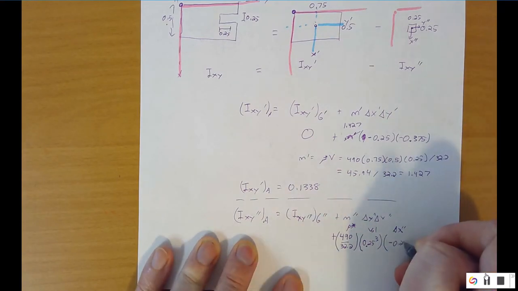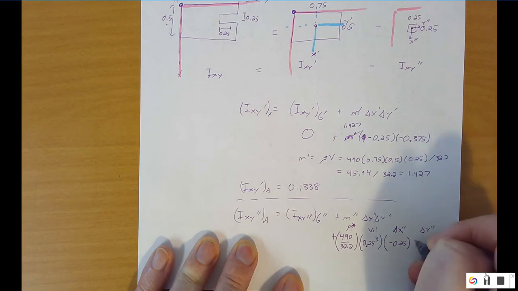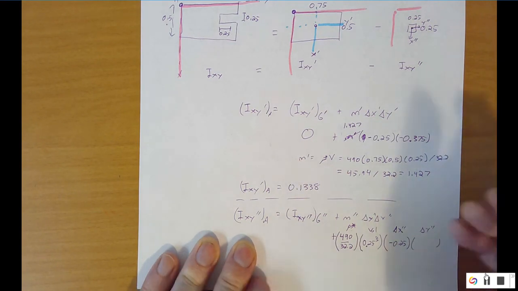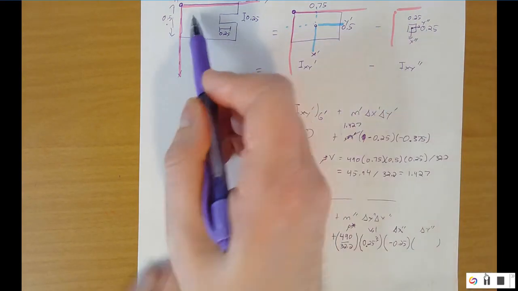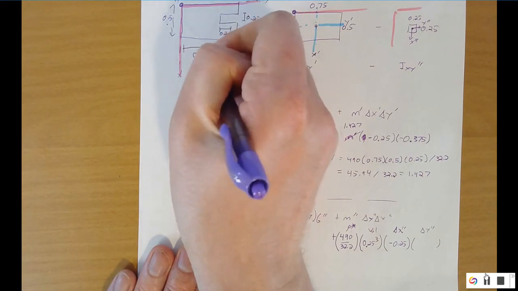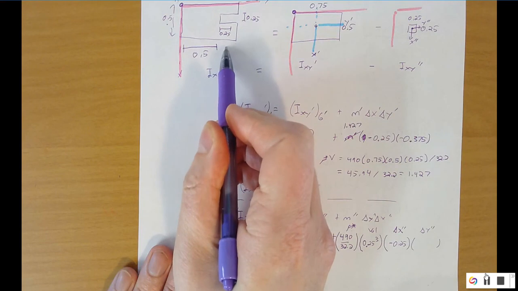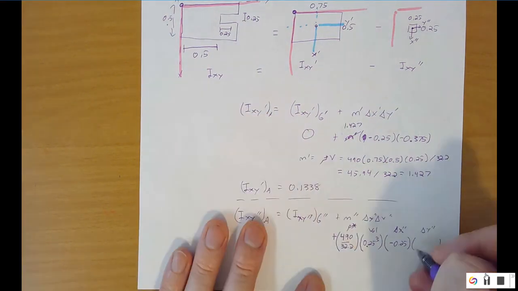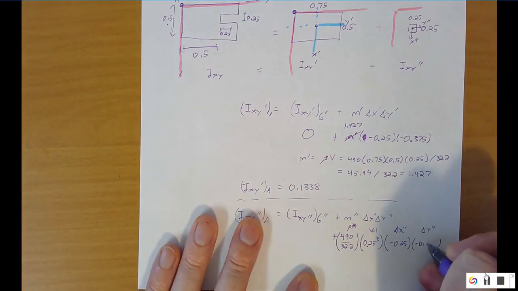And then our delta y, y being this direction, this is going to move a little bit further. This distance here is 0.5, so it's going to go to 0.5 plus half of this, which is 0.125. And so that is a total of negative 0.625.